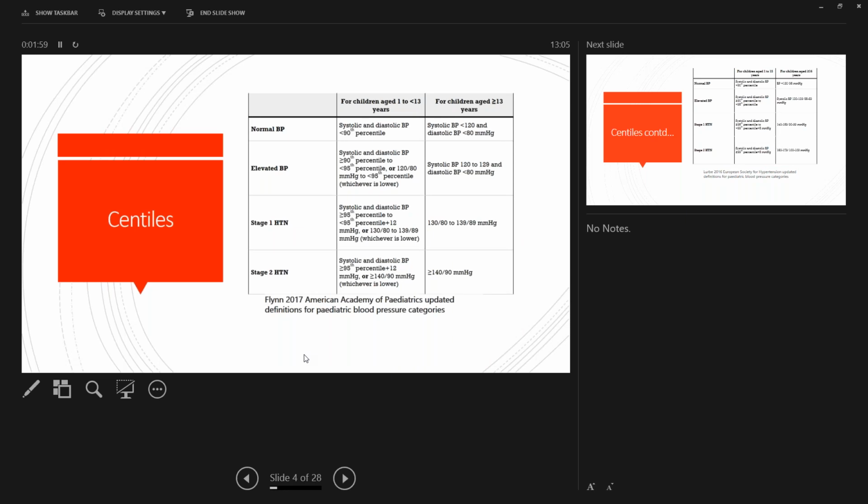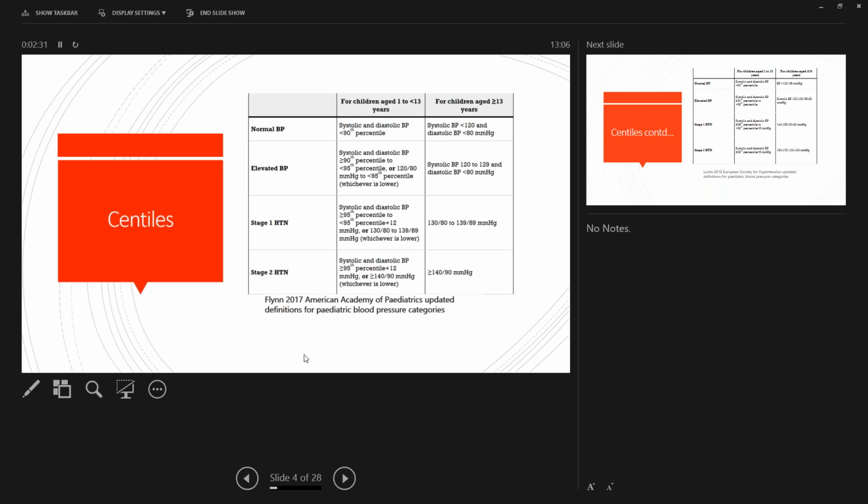So just looking at centiles, these are the Flynn 2017 American centiles. So these are classified for children aged 1 year to under 13 years. And then for children aged over 13 years, they go by the adult figures. So it's split in between normal, elevated, stage 1 and stage 2. You might also hear the elevated stage being called pre-hypertension or high normal.